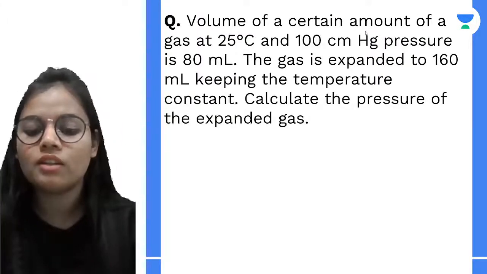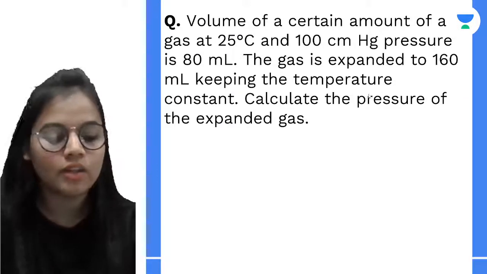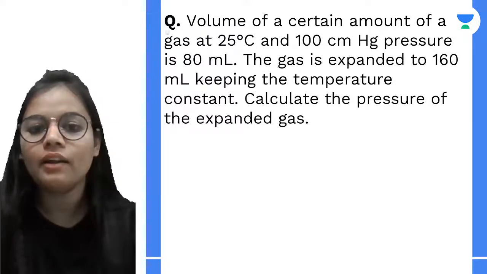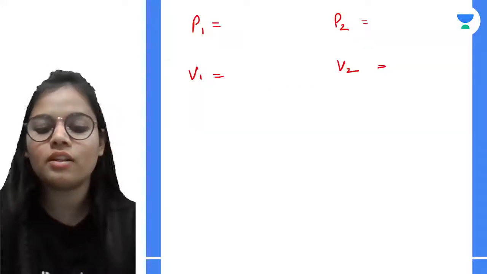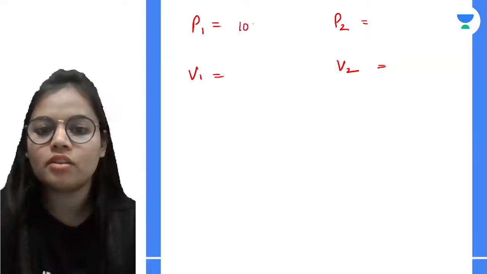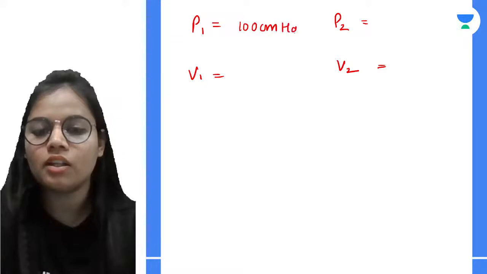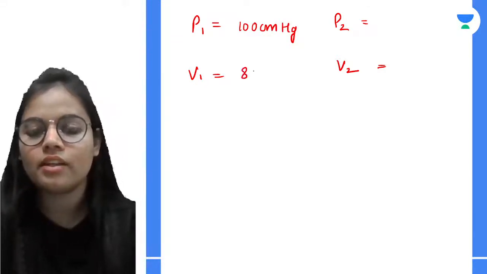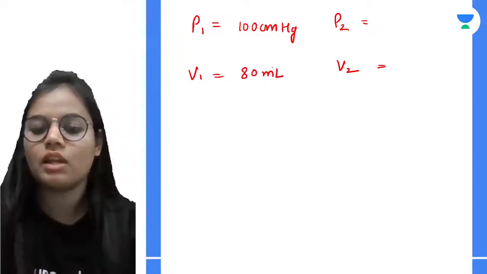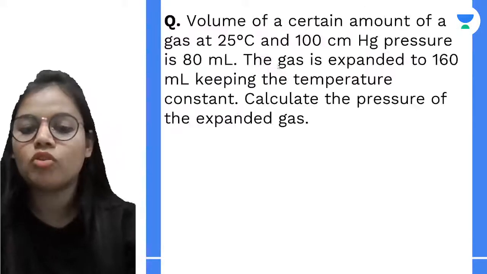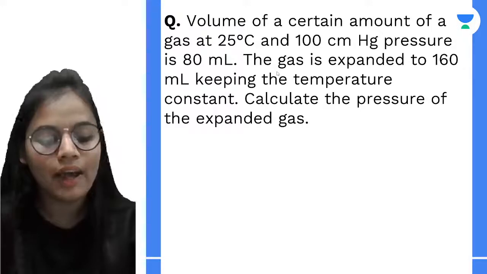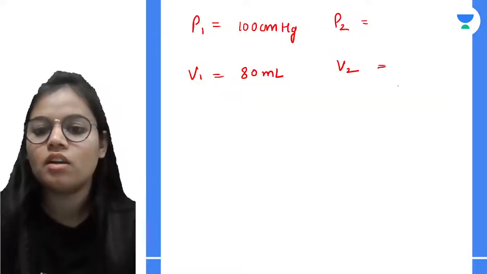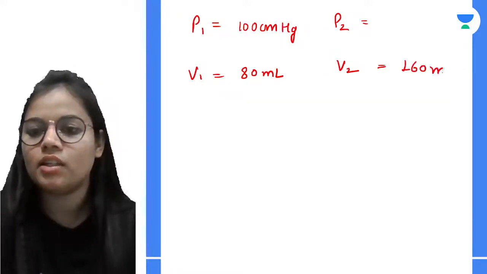P1 is given to us as 100 centimeter of mercury, and V1 is 80 milliliter. P2 we have to find out, and the new volume V2 is 160 milliliter.